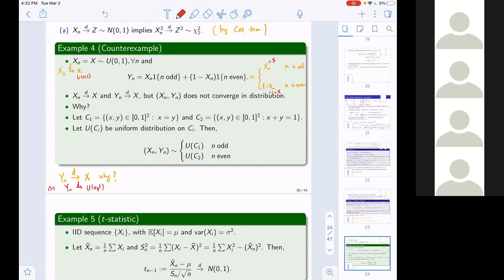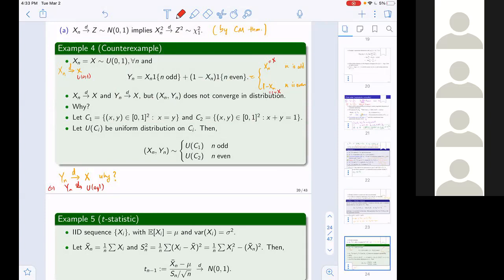You can also write statements like this, and these are valid, because every element of the sequence, whether it's odd or even, has the same distribution, and the distribution is uniform. So no matter what n is, the distribution of Xn is the same, and the distribution of Yn is the same. They're all uniform.